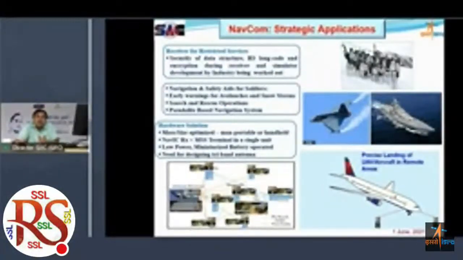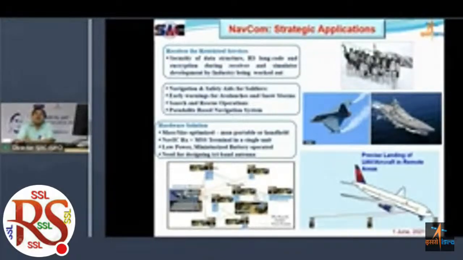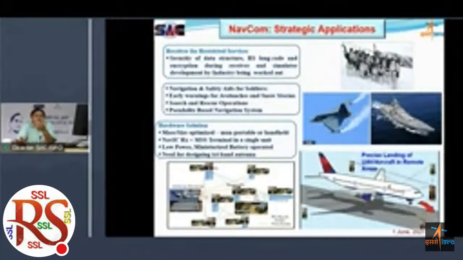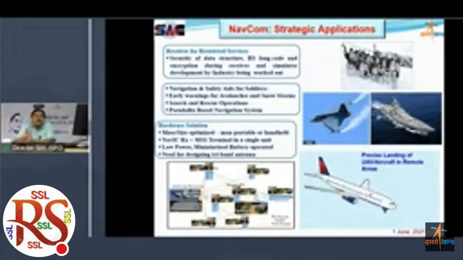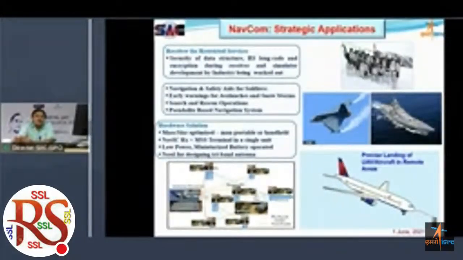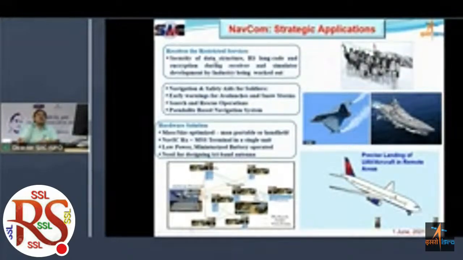The third challenge is it has to be very small in size, because a soldier cannot carry big electronic equipment. So that's why it has to be made like a watch, a wearable unit, which he can wear on his hand, and he can be continuously tracked. So all these things we are trying to address.